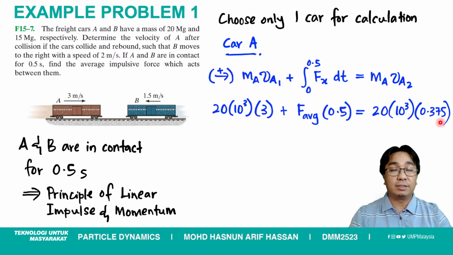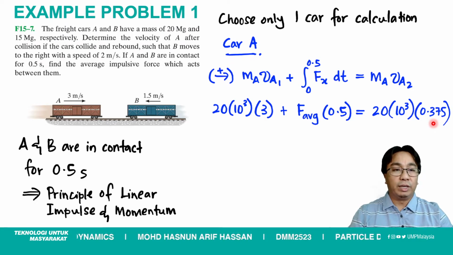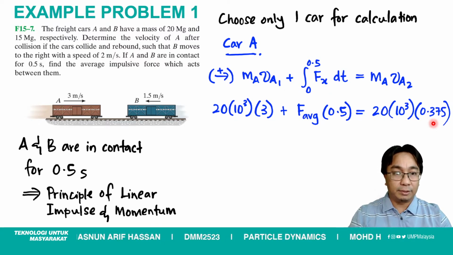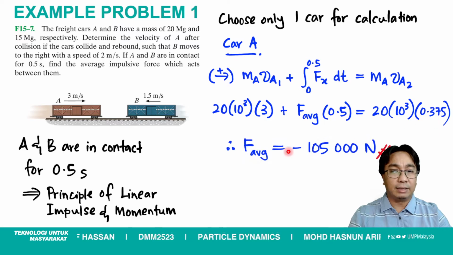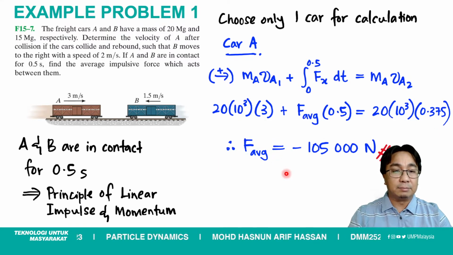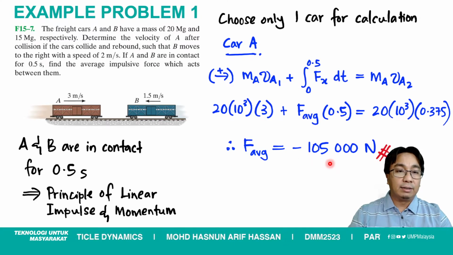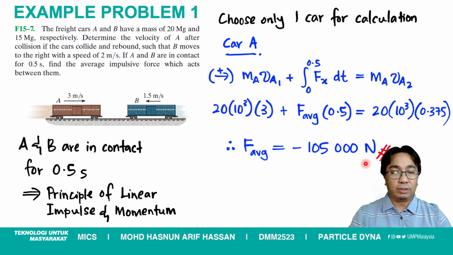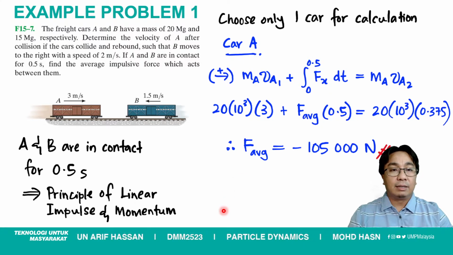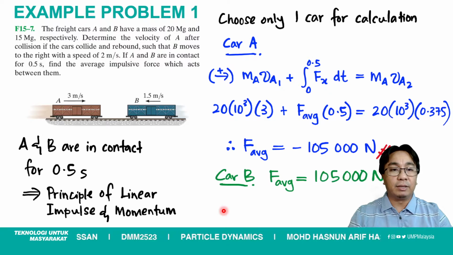This is the velocity of car A that we have calculated in the previous part of the question. So from here we get the average force acting on car A is minus 105,000 Newton.